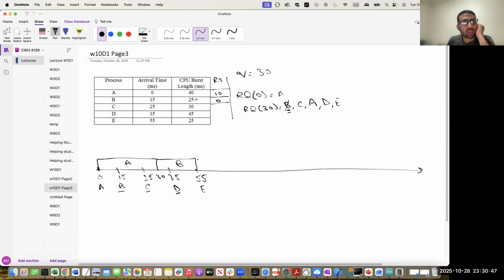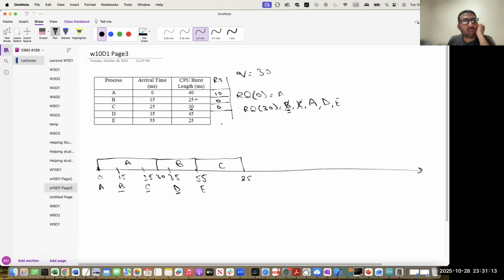We look at the next one at the head of the ready queue. It is C. What is the burst time of C? 30. So it runs for 30 time units: 55 plus 30 is 85, right? Its remaining time is 0, so it is not put back in the ready queue.